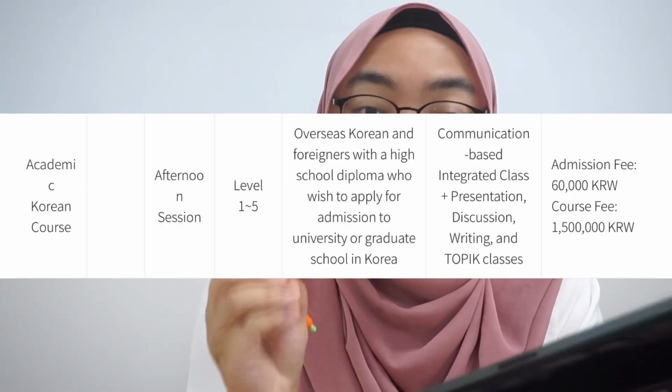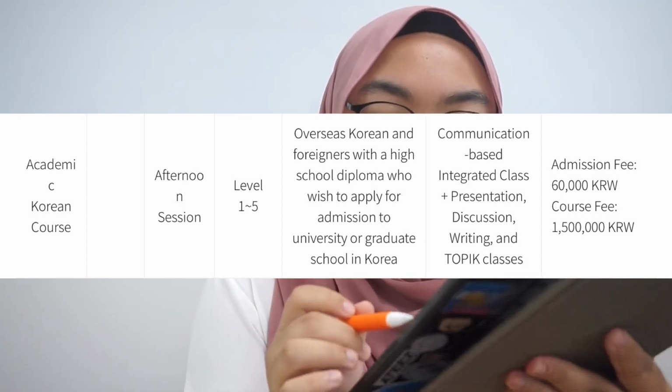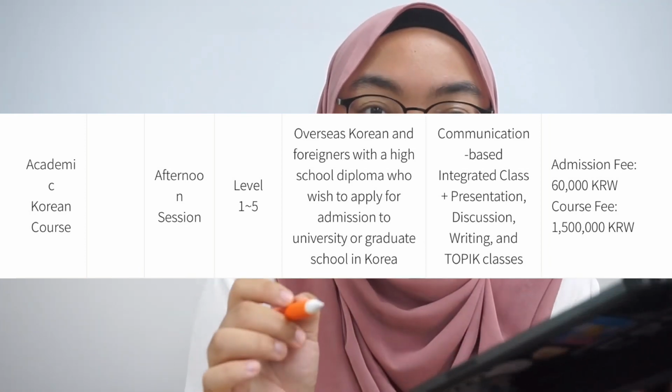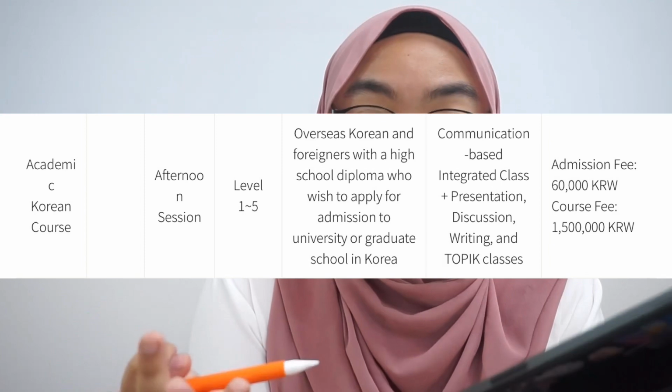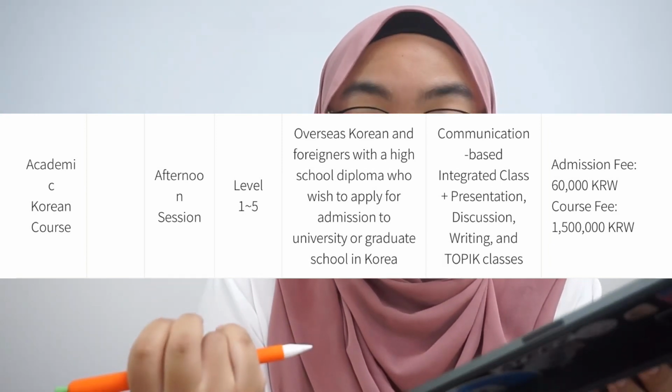The academic class is also a communication-based, integrated class, but they also focus more on presentation, discussion, writing, and TOPIK classes. TOPIK is the Test of Proficiency in Korean language, an exam in Korea to see how proficient you are in Korean. I'm going to make another video about the TOPIK exam.